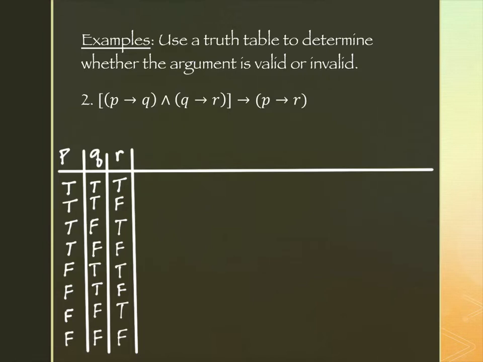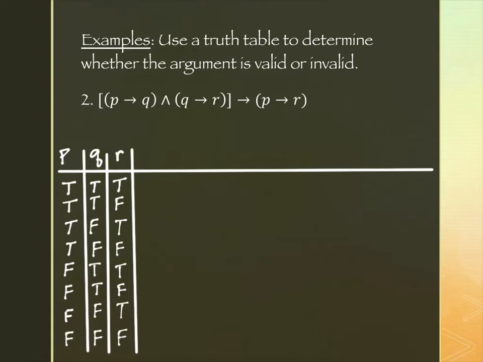All right, so looking inside of this long statement at the top, first of all, notice there's no negations. Do you notice that? So we don't have to worry about any of that. There's several sets of parentheses, though, and we move from the inside out, from left to right. In the bracket on the left-hand side, there are 2 sets of parentheses, so we'll do the first one first and the second one second.